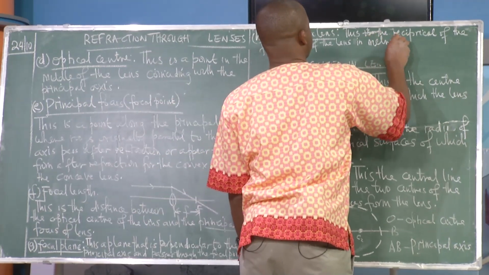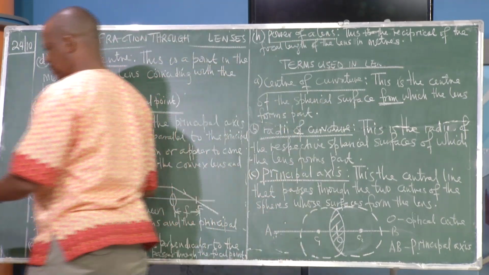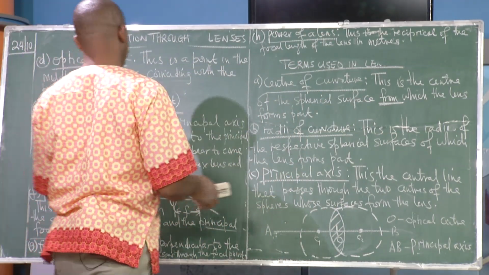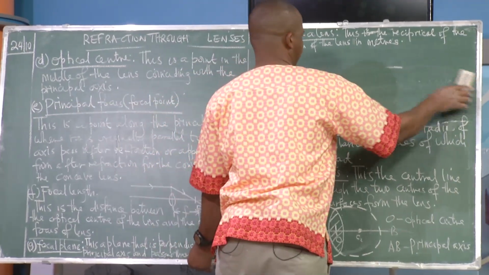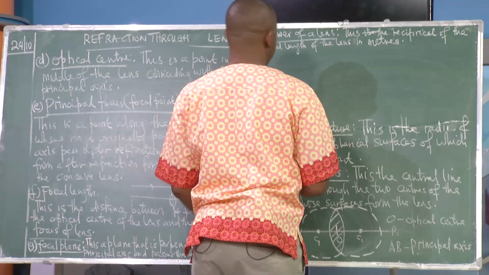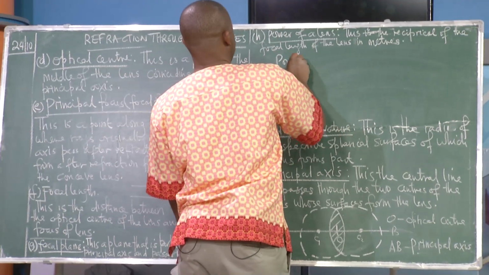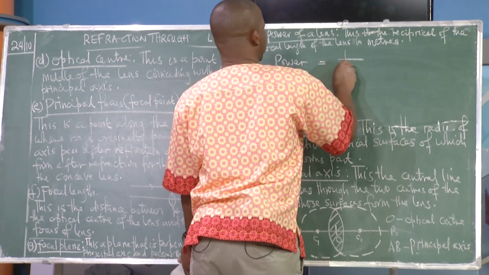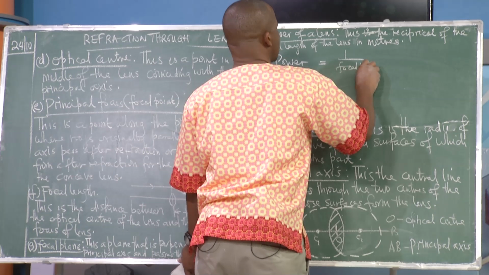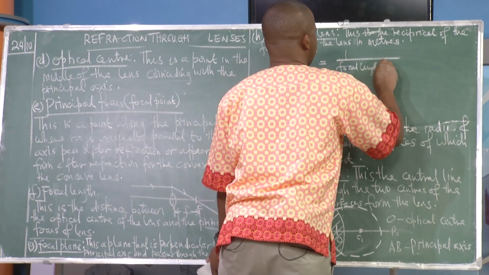The focal length must be in meters. By the formula we say that power is equal to 1 out of focal length, but the focal length must be in meters.